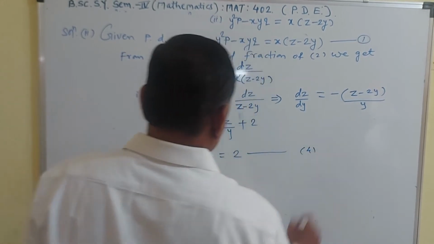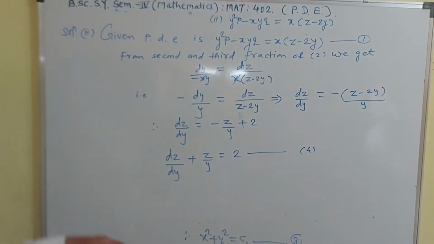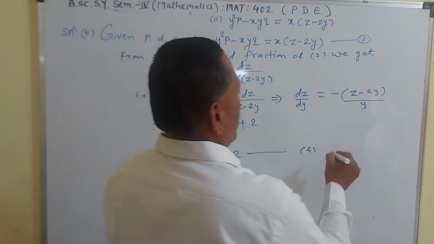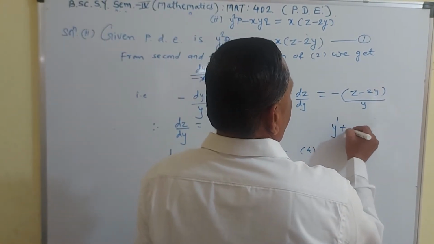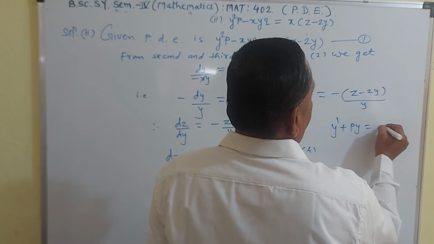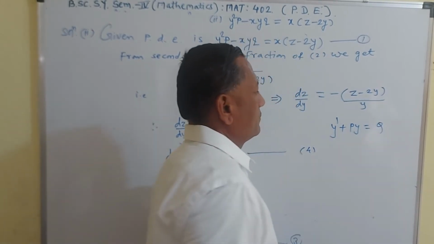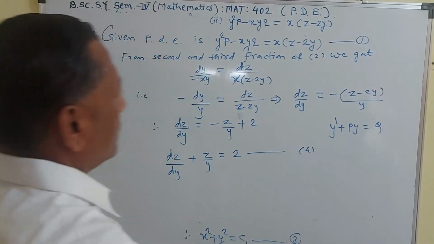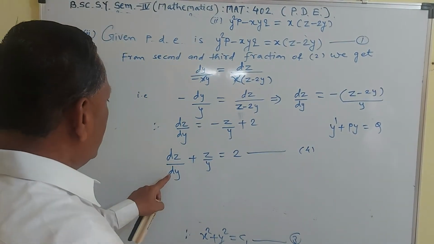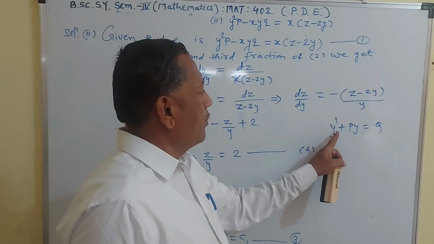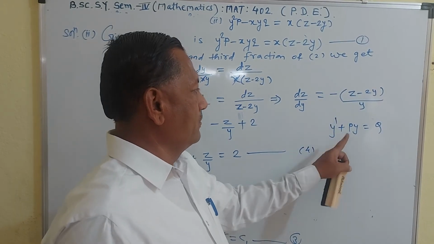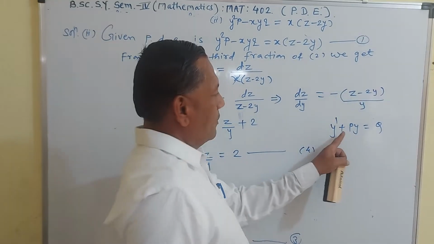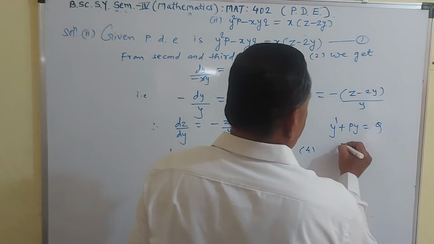Now you know the equation of the type y′ + Py = Q, which is linear in y. First you find the integrating factor.